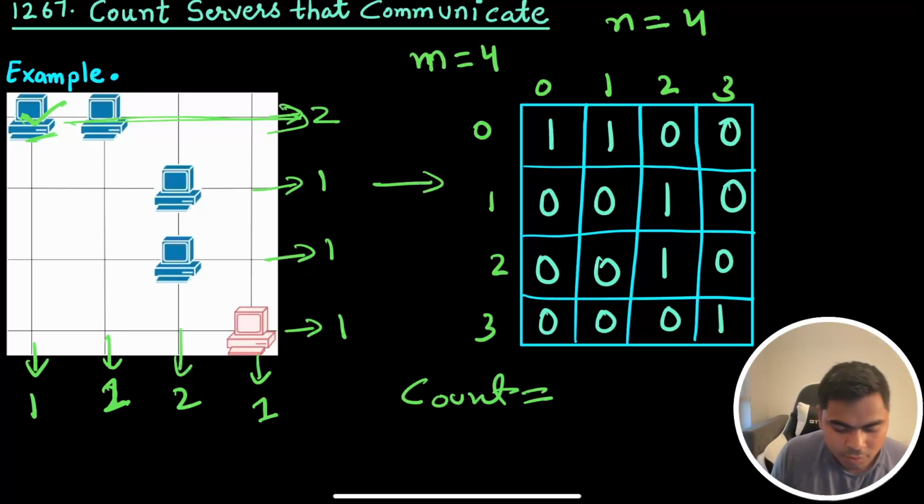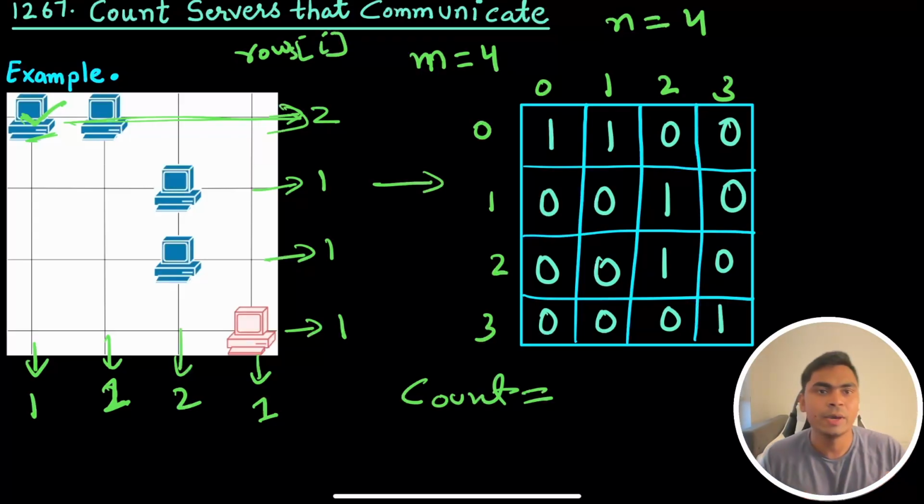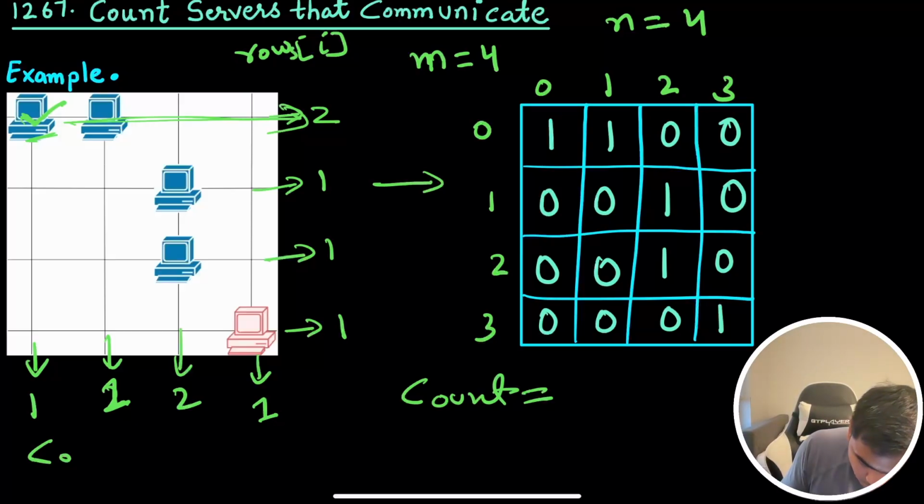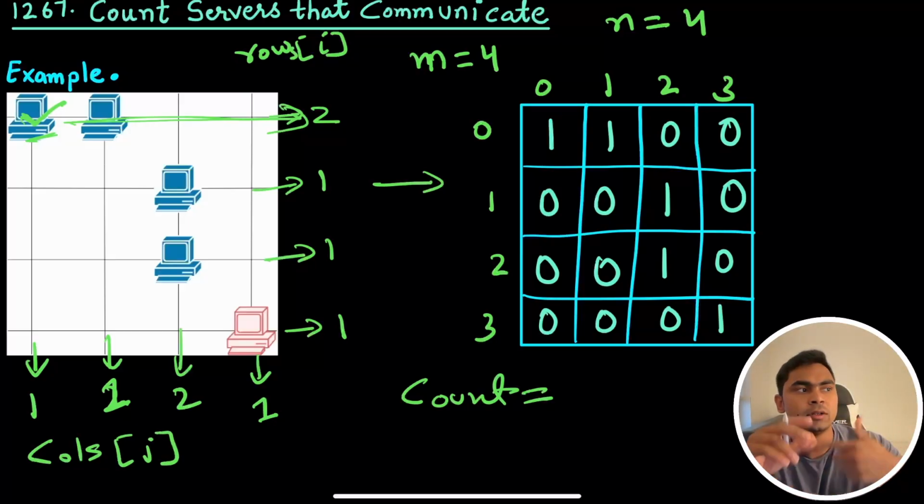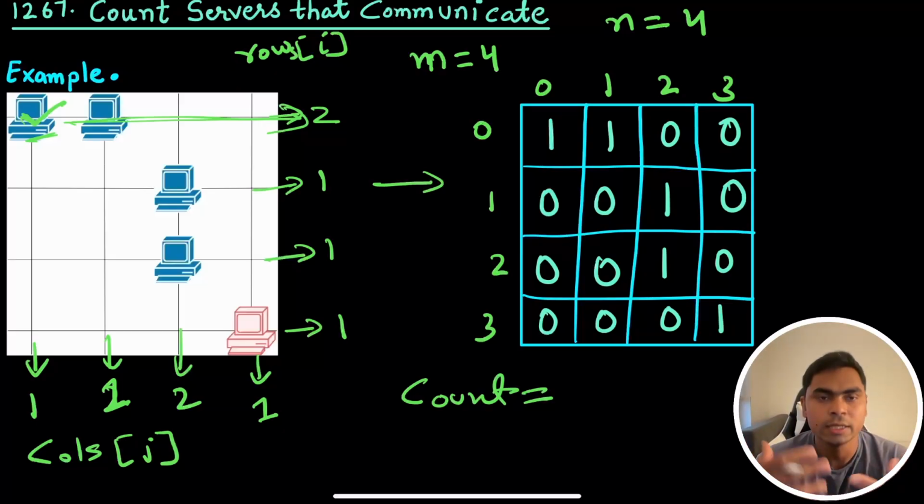How do we check? We check this particular row, which I could call rows, and then I enter this i, because that's how you access the row. If you had to access the column, then you would access that column through cols with j, if you are using i and j to go over this 2D matrix.